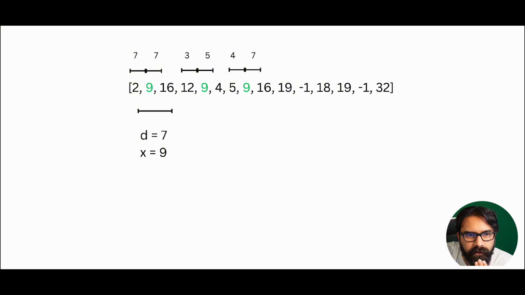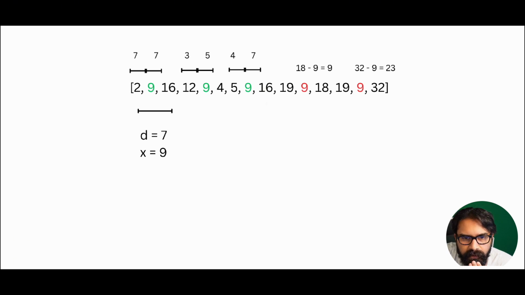You can notice that the values there are 5 and 3. If you put in 9 here, 16 minus 9 is 7, and 9 minus 5 is 4. So far so good. We have put 9 in three different places, and the maximum absolute difference between adjacent elements doesn't seem to exceed d. It has worked so far.